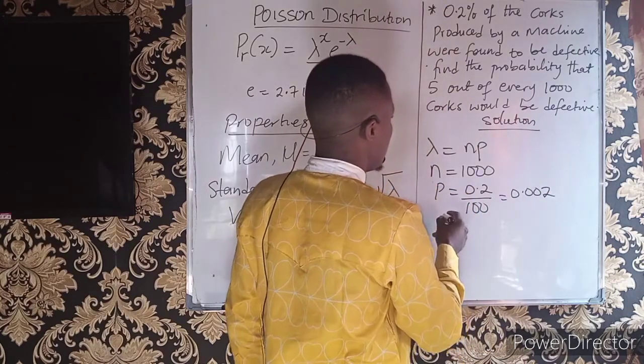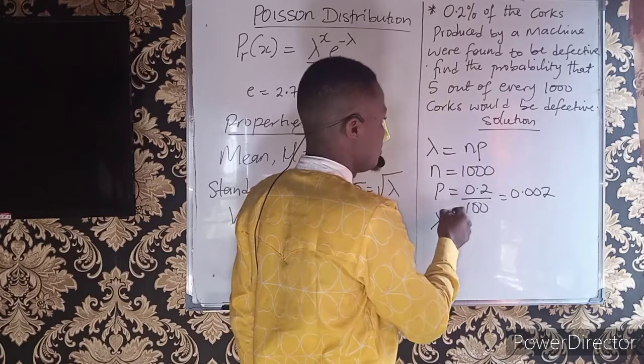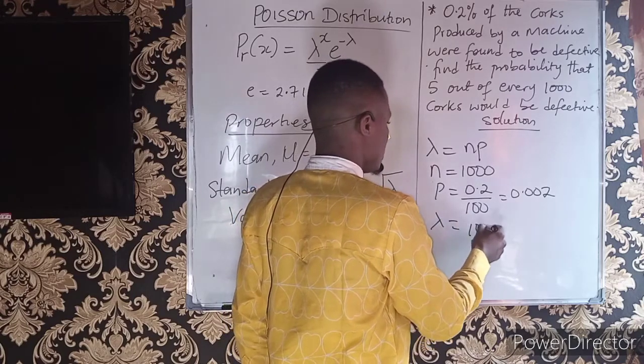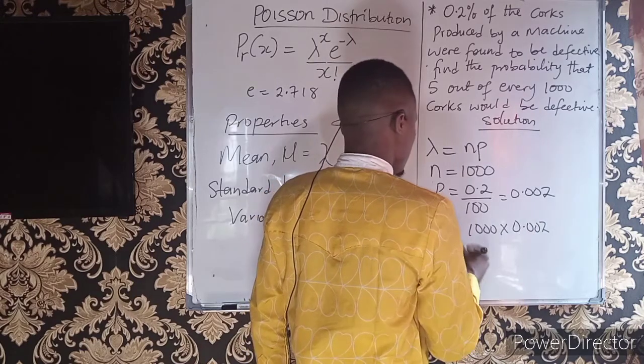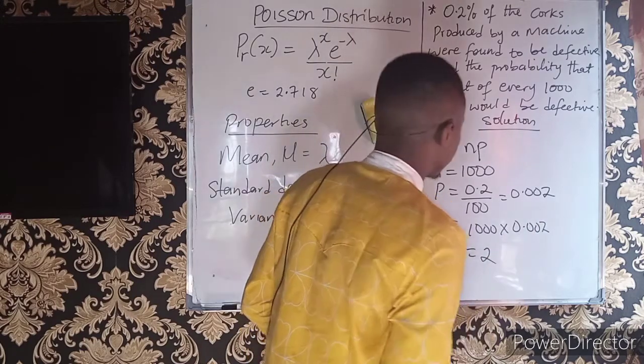Okay, so our lambda will now be NP, which is 1,000 multiplied by 0.002. So lambda will give us just 2.